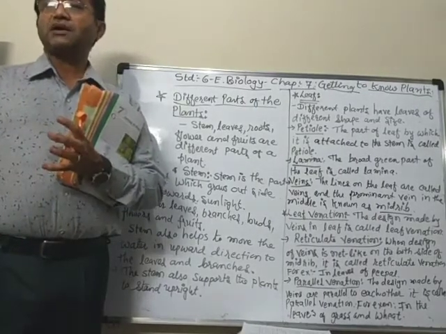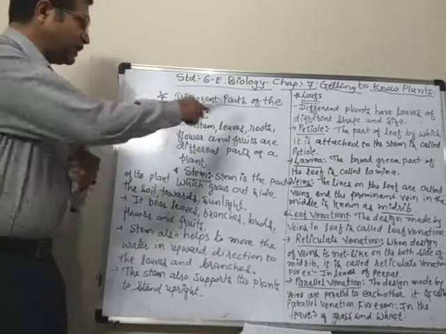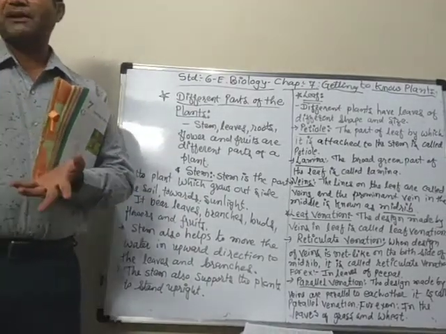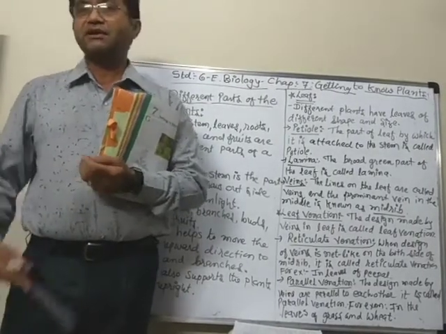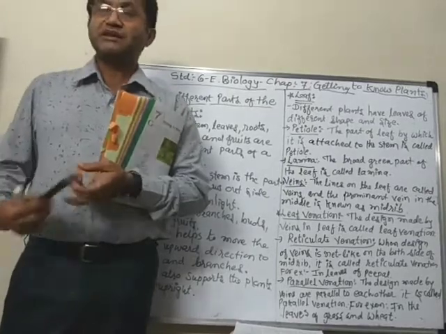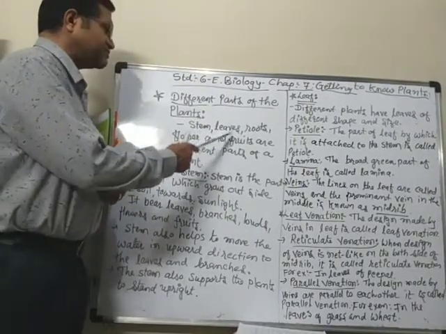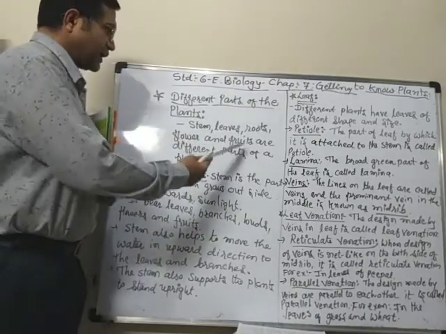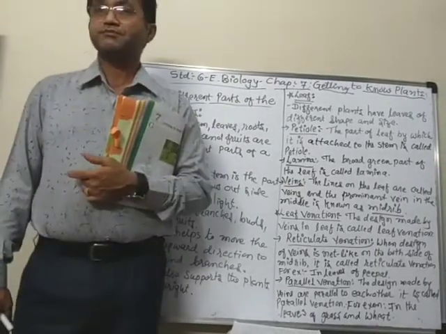And I am talking in general, but some plants cannot have all those parts. Some plants don't have flowers, etc. But we are talking in general, that generally the main parts of the plants are the stem, leaves, roots, flower and fruits. Those are the parts.